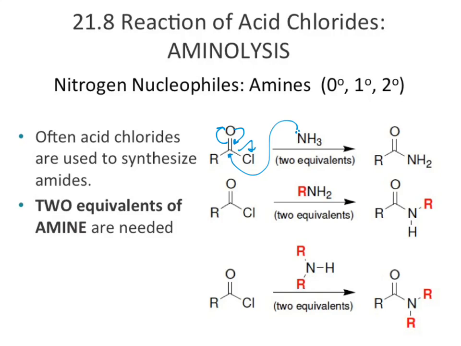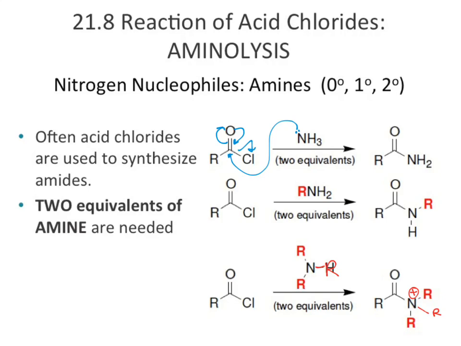Tertiary now has 3 R groups. It could go through and attack, but then what would our product be? The last one will be the easiest one for me to show it on. If instead of having that hydrogen, I make that an R group, don't you get a positive nitrogen? Is that a very stable thing to form? Would we expect the tertiary amine to react as a nucleophile? No, which is good because, remember, in the previous steps we used it as a base. If it acted as a nucleophile as well, we'd have problems.